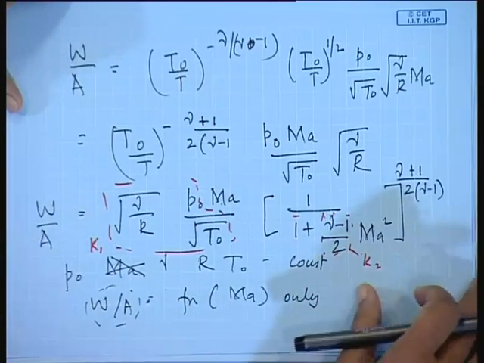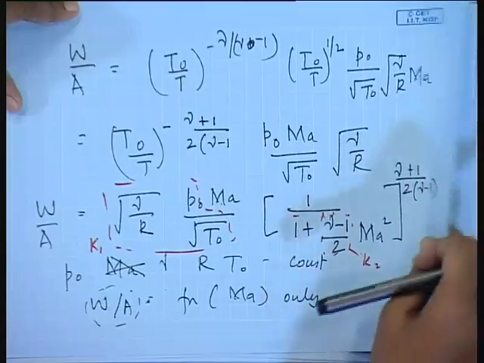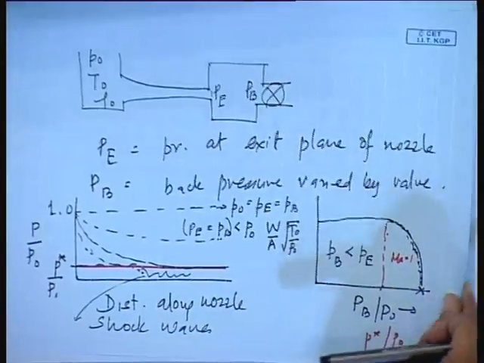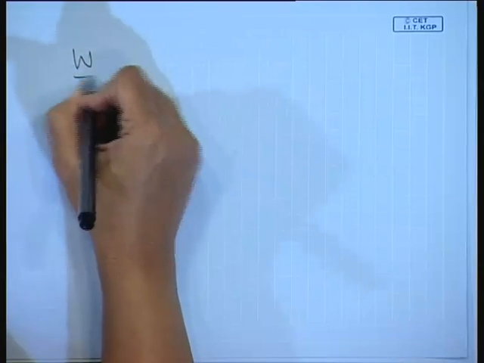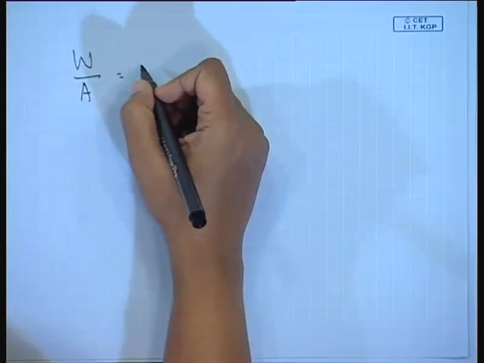Do you get my point? So, I will write down W by A once more.